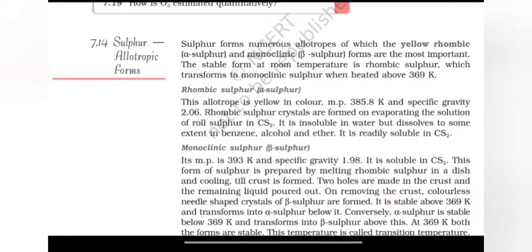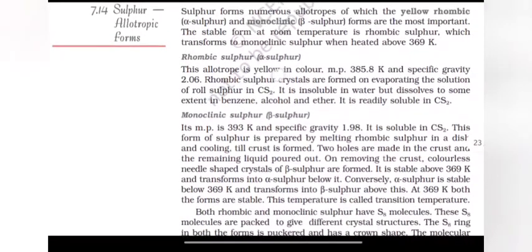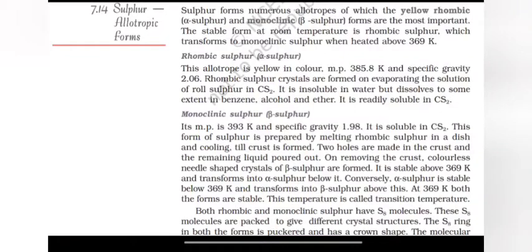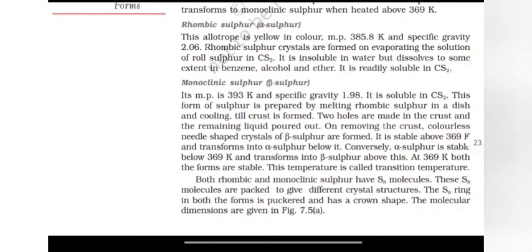Monoclinic sulfur, beta sulfur. Its melting point is 393 Kelvin and specific gravity 1.98. It is soluble in CS2. This form of sulfur is prepared by melting rhombic sulfur in a dish and cooling till a crust is formed. Two holes are made in the crust and the remaining liquid poured out.